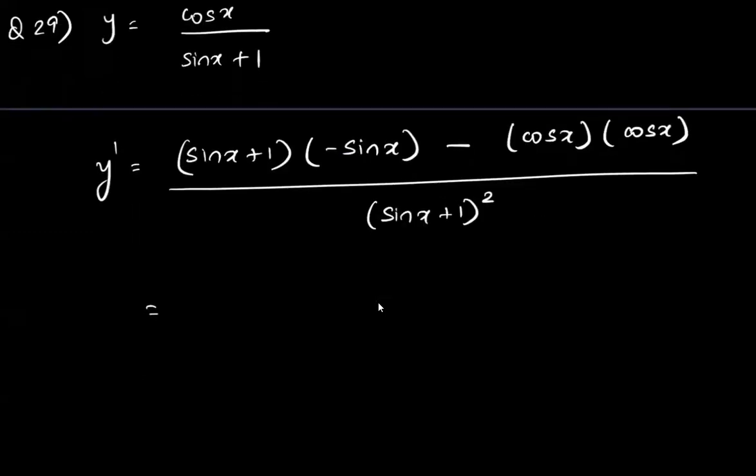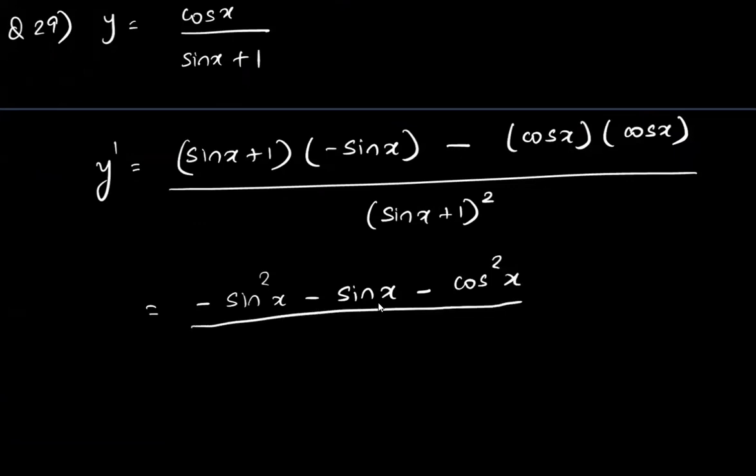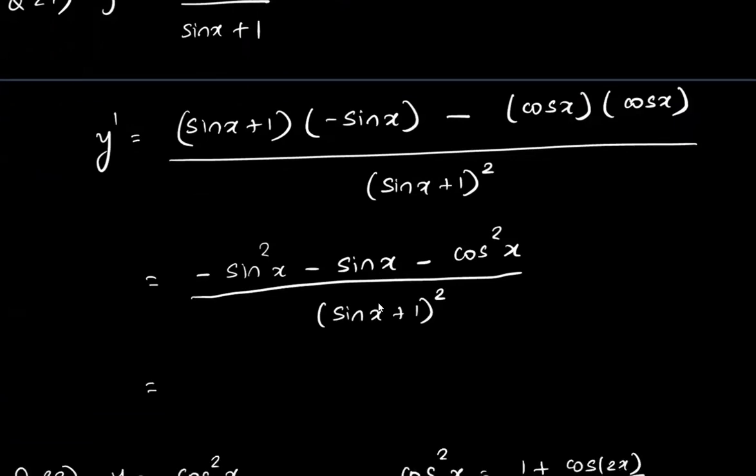Then here I'm going to distribute. So I have negative sine squared x minus sine x minus cosine squared x all over sine x plus 1 the whole squared.